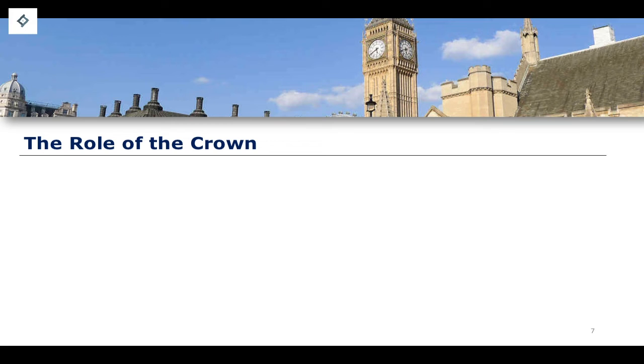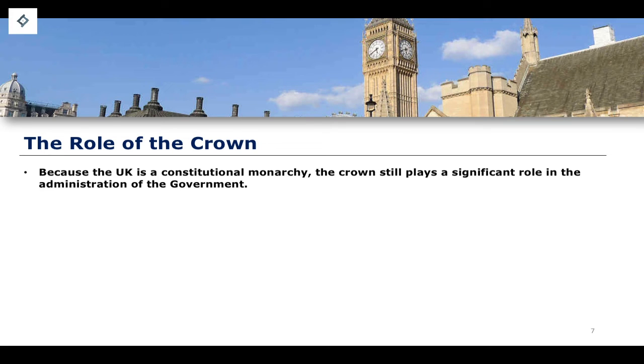Within this whole process, the Crown exists as a very interesting power and a very interesting check, because ultimately the United Kingdom's constitution is a monarchical one. It is a constitutional monarchy.